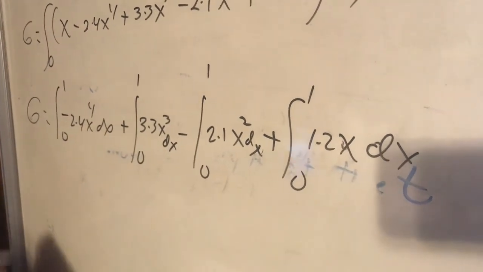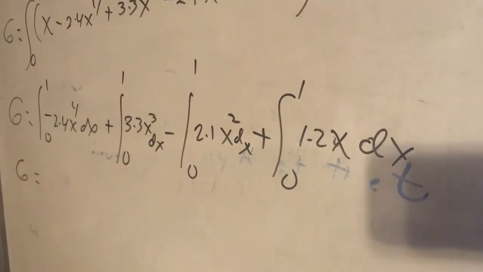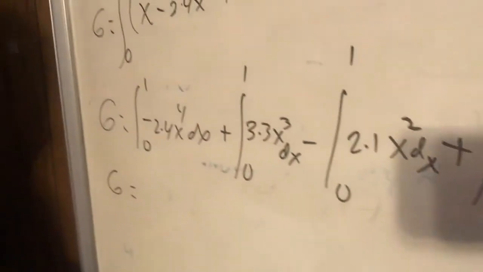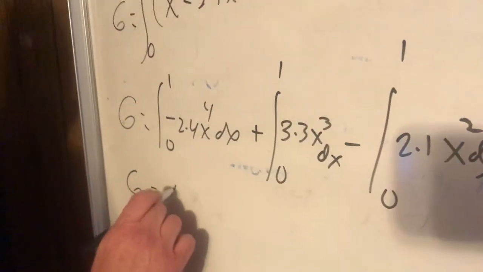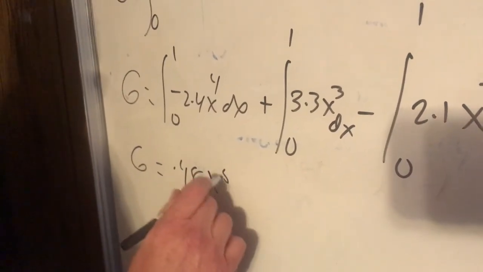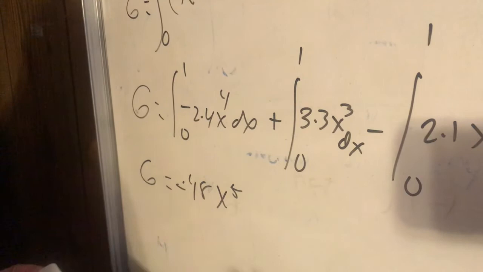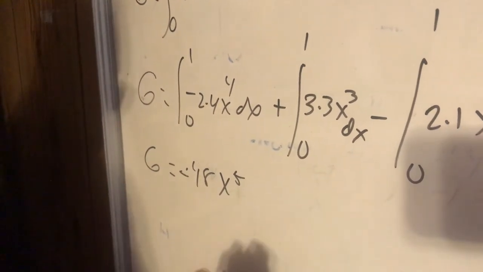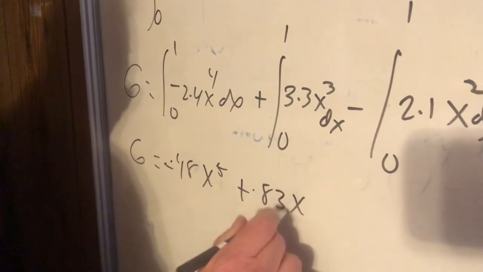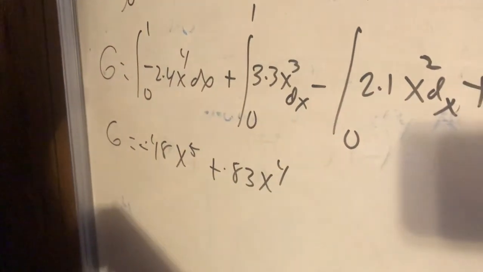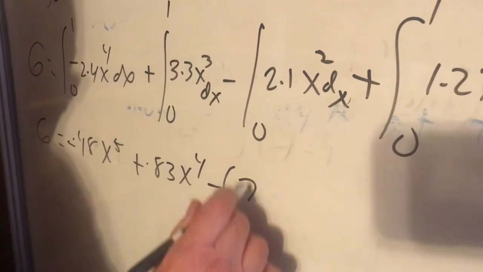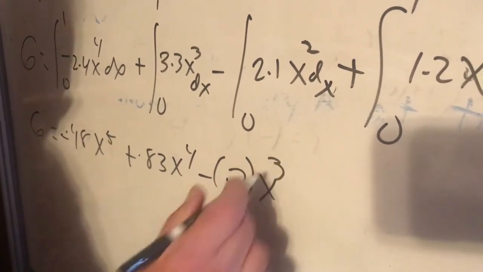All right, so I'm not going to go through it. This is the simple power rule. So what you're going to get is 0.48x to the 5th plus 0.83x to the 4th minus 0.7x to the 3rd.